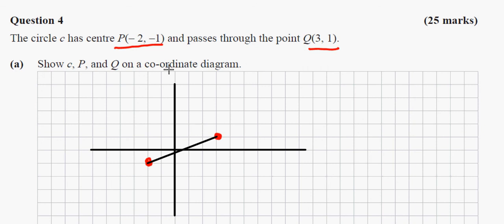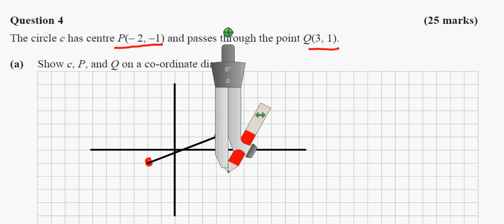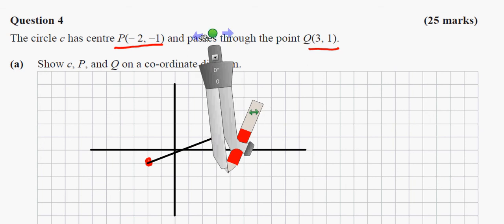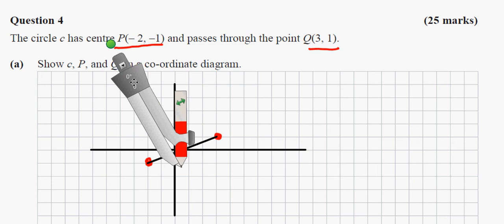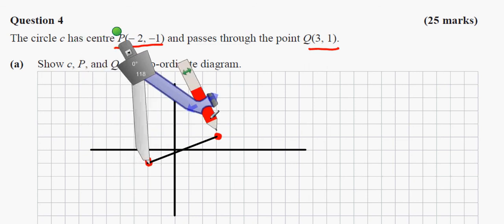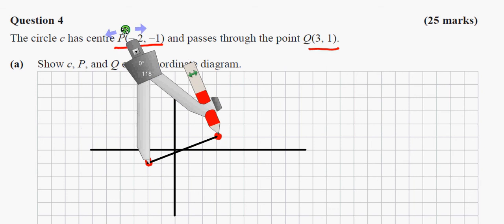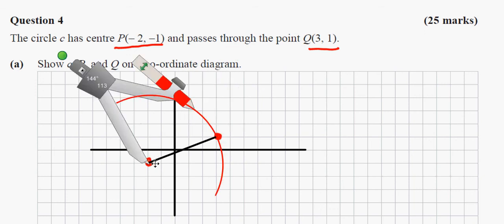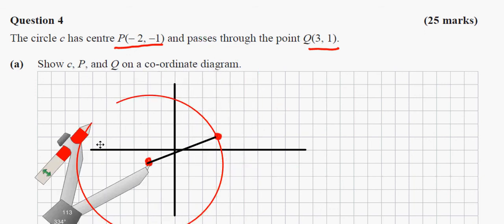Once you know your radius, you can get your compass out, and you can basically join the points together. Then you can circle them around, like so. And there's your circle there.